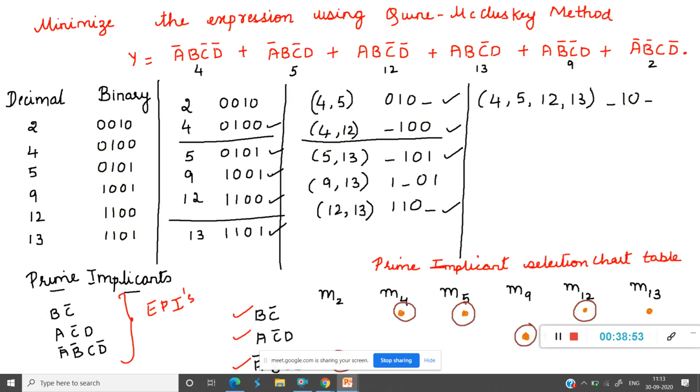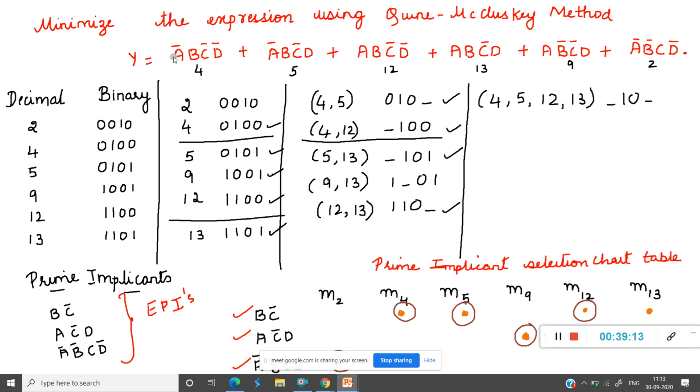So next I have solved it, students, for you. In this particular expression, minimize the expression using Quine-McCluskey method. Some expression is given here.